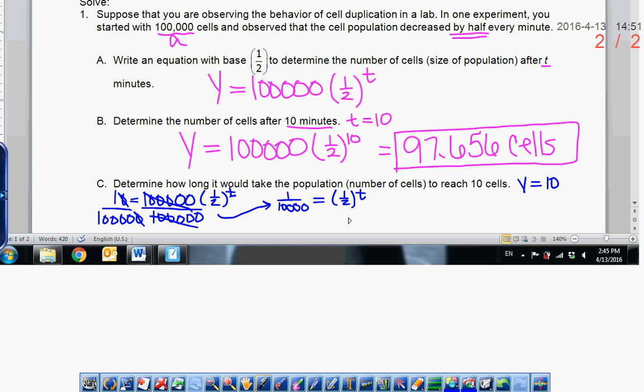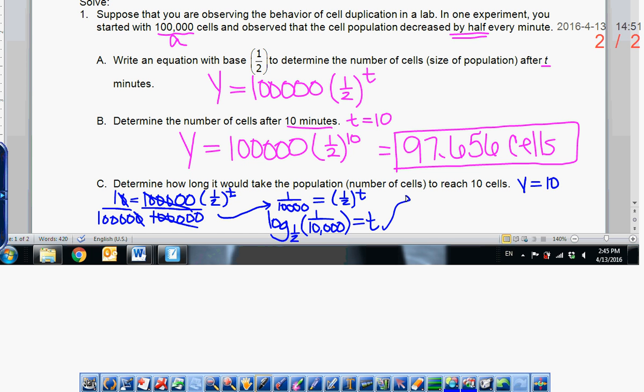Everyone okay? All right. So from here, we're solving for an exponent, so we're going to rewrite it as a log. So what would that be here? Log base 1/2 of 1 over 10,000 equals t.